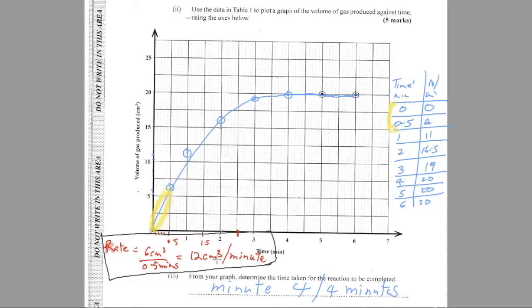So we need to draw a straight line using our ruler to find the volume produced. Wherever that cuts the graph, we would use our ruler again to draw a straight line going across. And wherever that line cuts the y-axis, we read off our values.